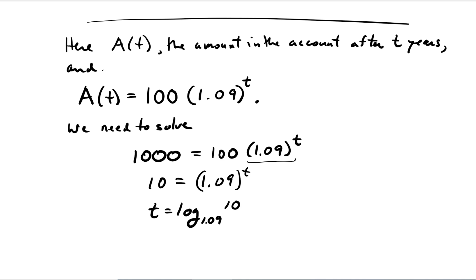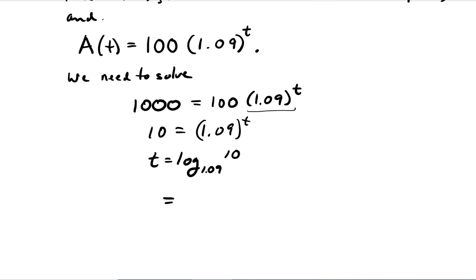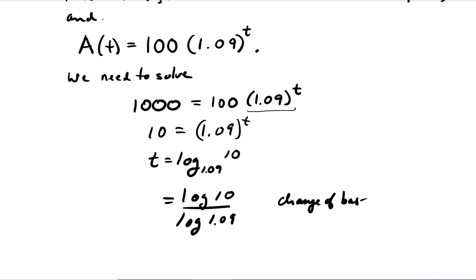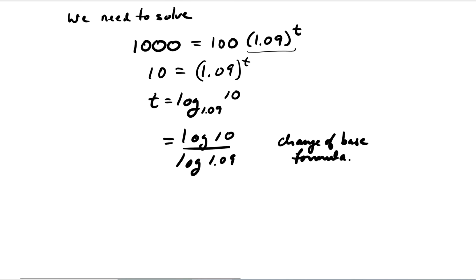So it's log base 1.09 of 10, and then we can use the change of base formula to establish the value of t. If you calculate this, you are going to get 26.72 years.